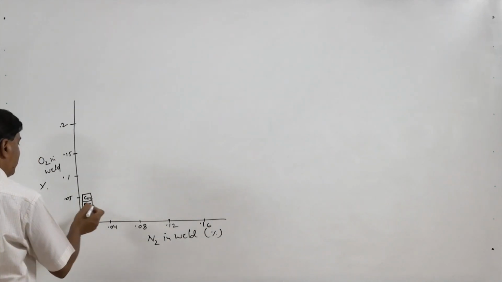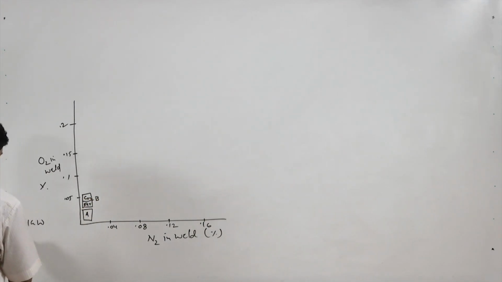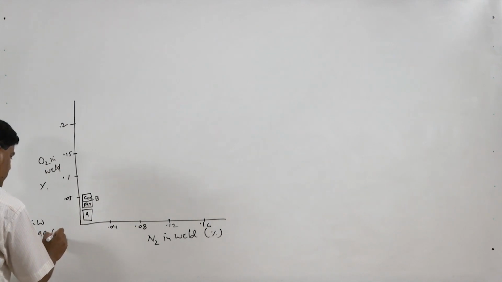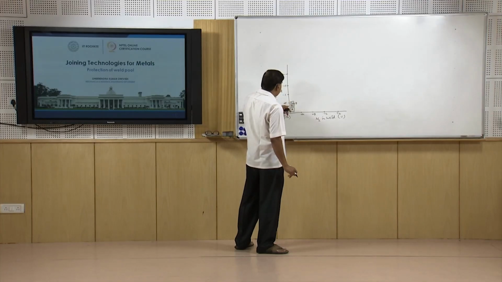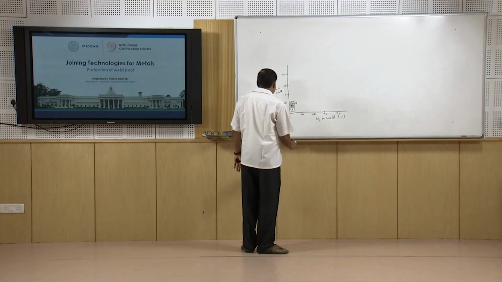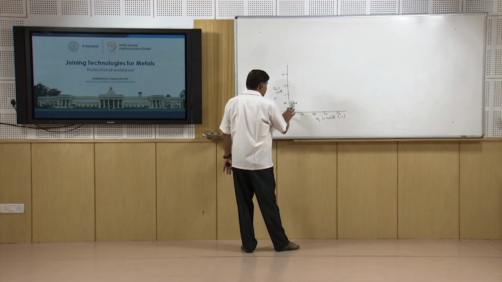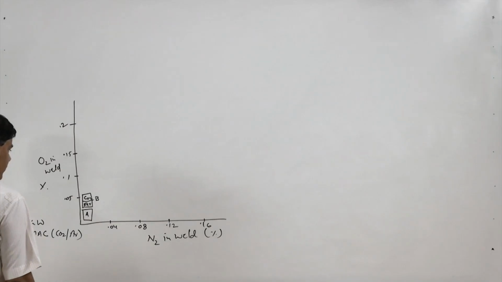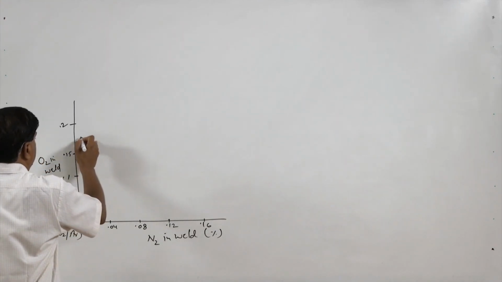So, this second one is the joint made using process B, gas metal arc welding using CO2 or argon. CO2 results in somewhat higher percentage of oxygen in the weld as compared to argon, and from the cleanliness point of view, the cleanest weld is being produced by the GTAW and then the GMAW. Then we will see the submerged arc welding.